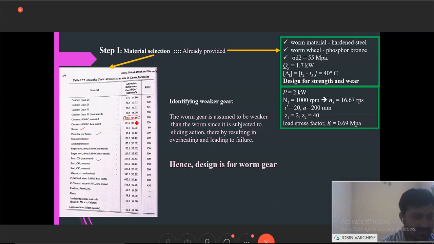If the calculated stress is greater than the static stress, obviously it will fail. So the material has to be selected based on the sigma d values, depending on your application and the power to be transmitted. It is not restricted, however there is a restriction in the manufacturing methods. When we have to make the worm wheel, specific manufacturing methods are required, so in those cases we have to limit the materials for easy manufacturing.